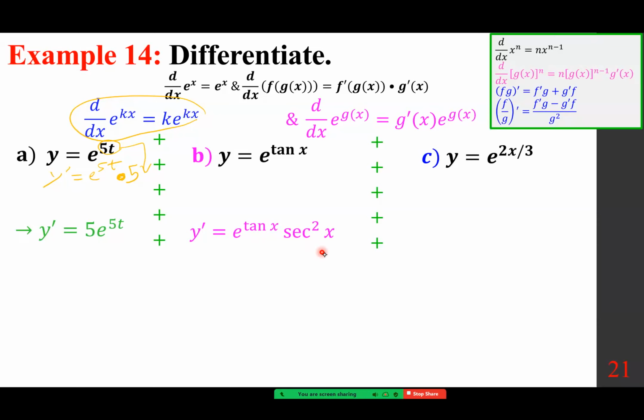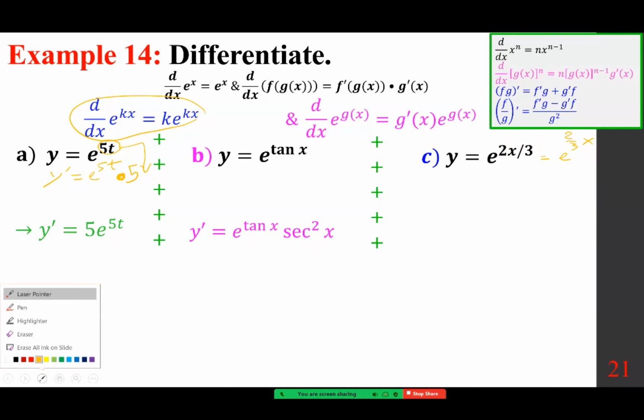Now, the next one is very obvious, but I want to make sure we don't make a mistake. So I'm going to rewrite this as e to the power of 2/3 times x, because in case you don't see it, this exponent means 2/3 x. So that's the same answer.